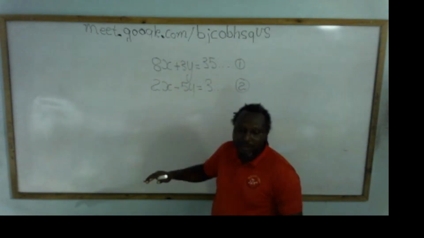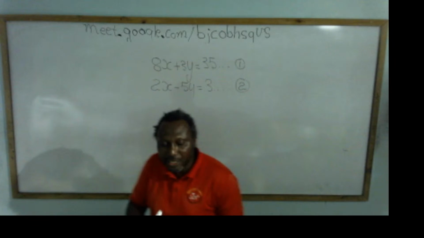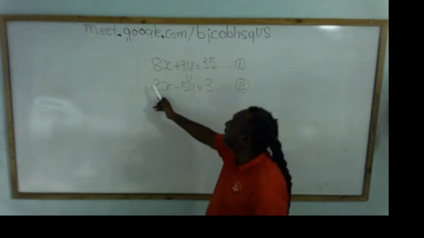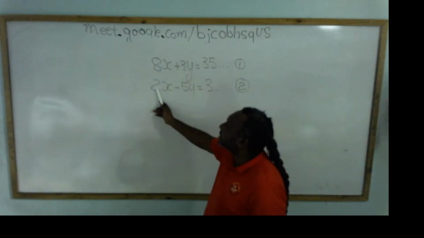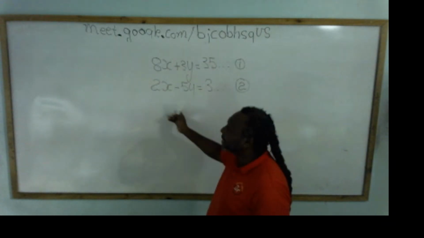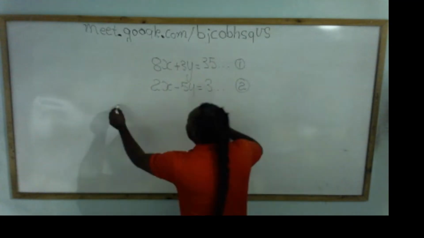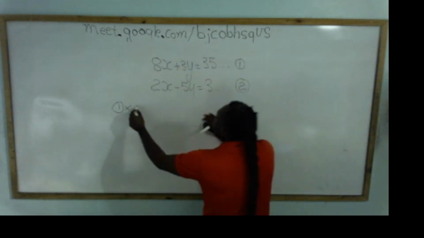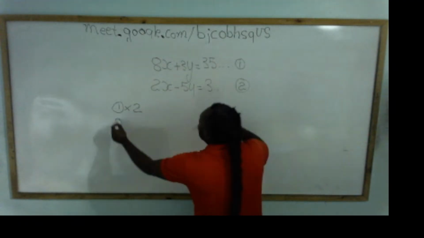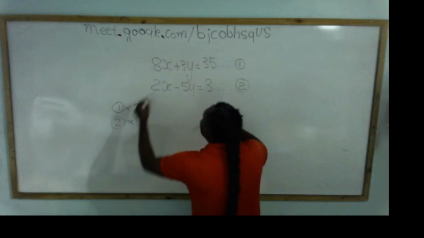And of course, we are generally taught to invariably multiply the equation that we have here by the coefficient of x here. That's what we were taught. So we're taught to take equation 1 and multiply by the coefficient that is here. Then take equation 2 and multiply by the coefficient that is here.